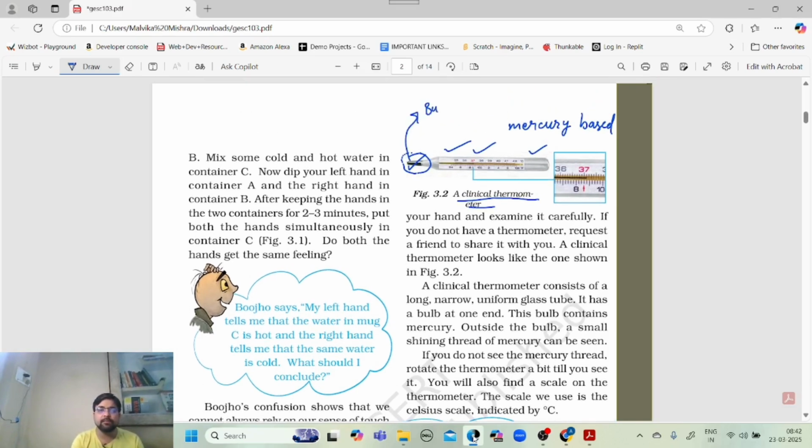So this bulb is put inside your mouth, and accordingly the mercury level, this area contains some mercury.